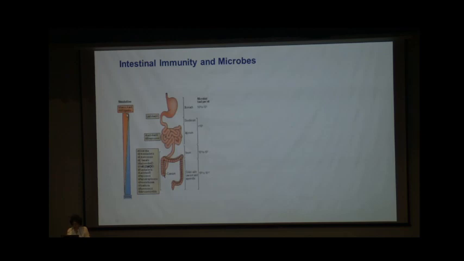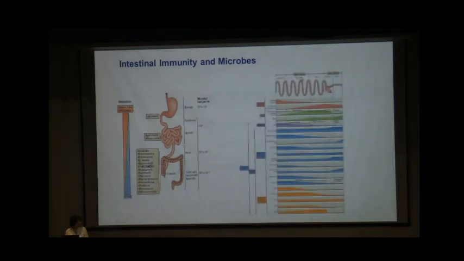Just giving you the hint that they are talking about, maybe this is very small, but this is the small intestine and this is the large intestine, with the idea that they have also given that intestinal immunity is with the ILC1 and the ILC2.